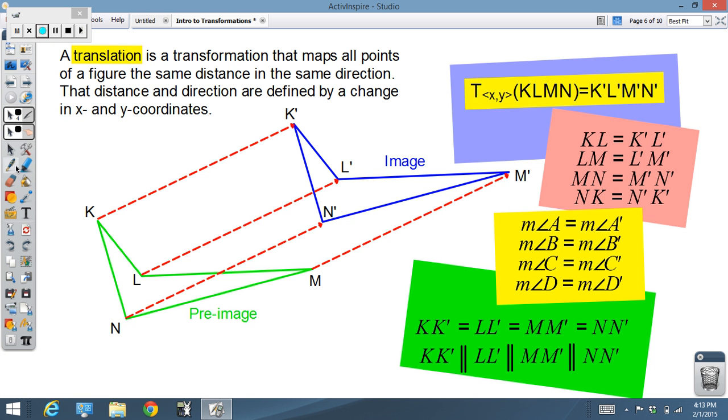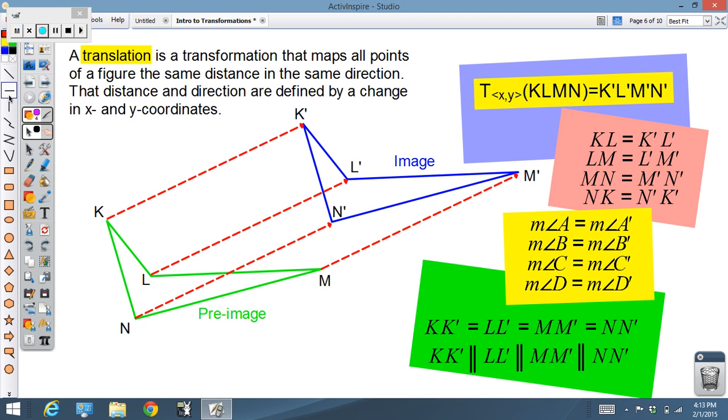When we write it in notation like this, that XY is going to tell us how much we move over, X, and how much we move up, Y. So, in other words, I'm going to take point K and move over about this far, and up about this much, and I end up at point K prime.